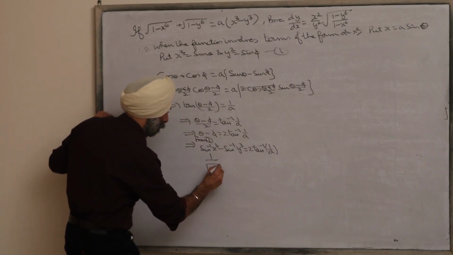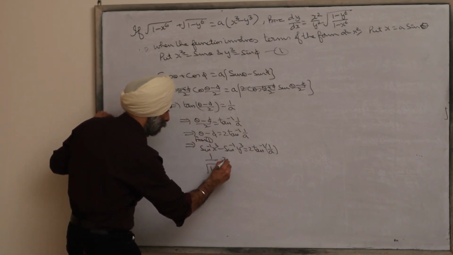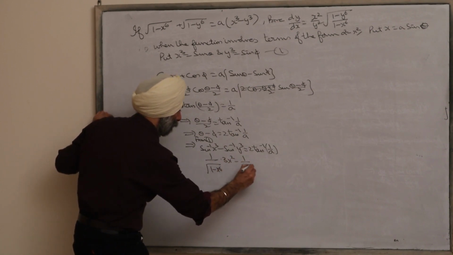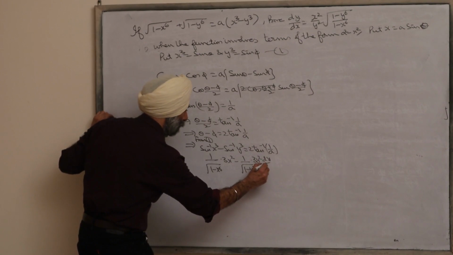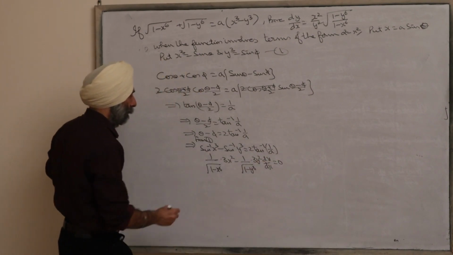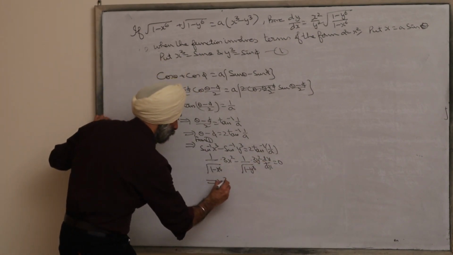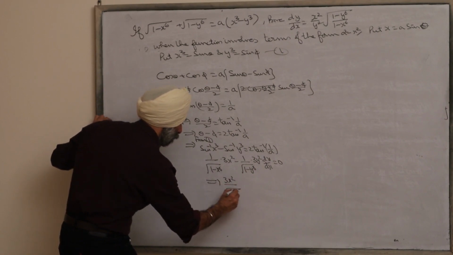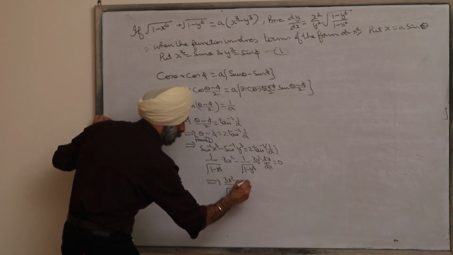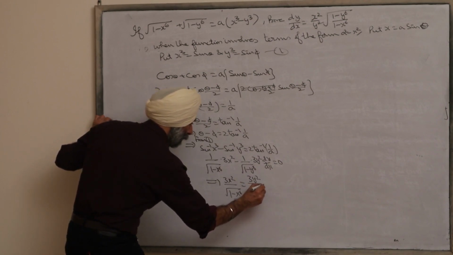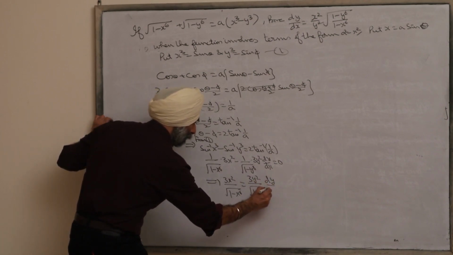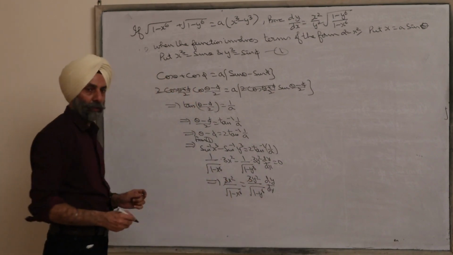So it is 1/√(1 − x⁶) into 3x² minus 1/√(1 − y⁶) into 3y² dy/dx, this is equal to 0. Or this implies that 3x²/√(1 − x⁶) is equal to 3y²/√(1 − y⁶) into dy/dx.